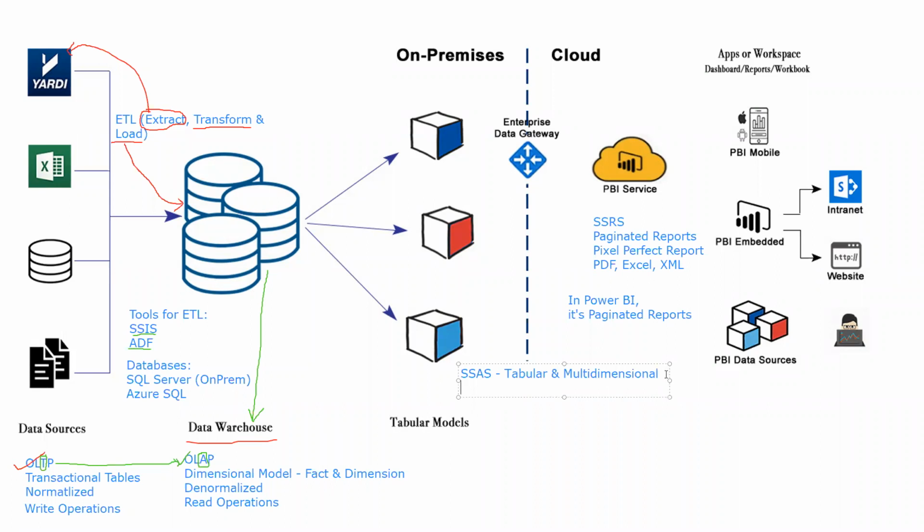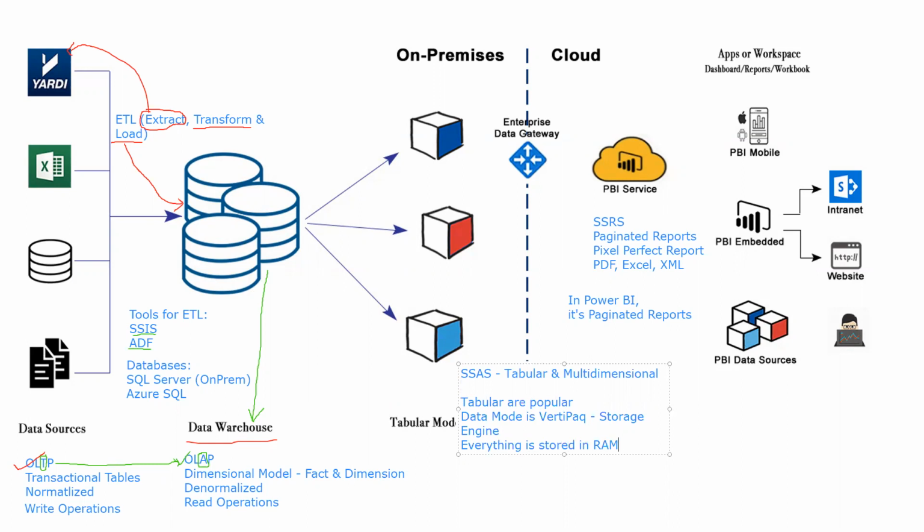The tabular models here are the popular models, and the data model is VertiPaq, which we have already seen in Power BI. So it shares the same thing. It has the storage engine, and everything here is stored in RAM.